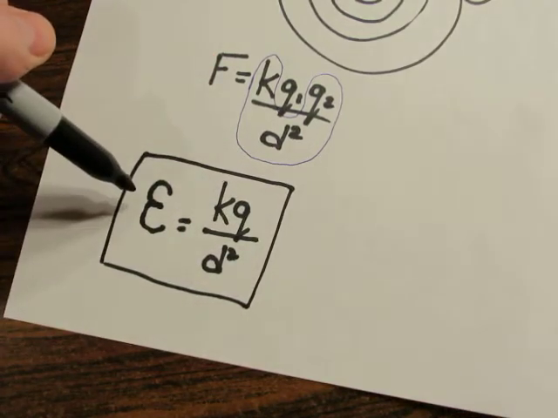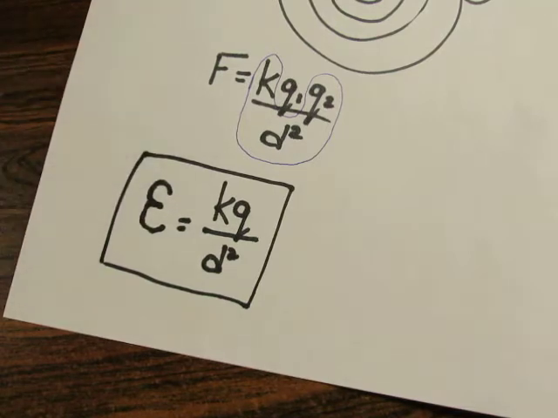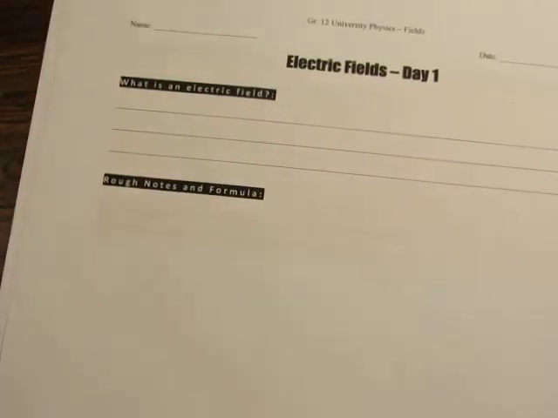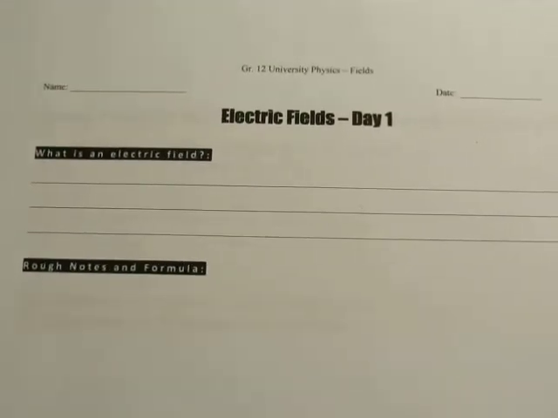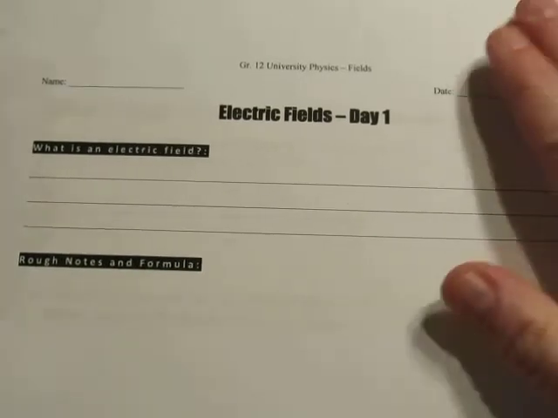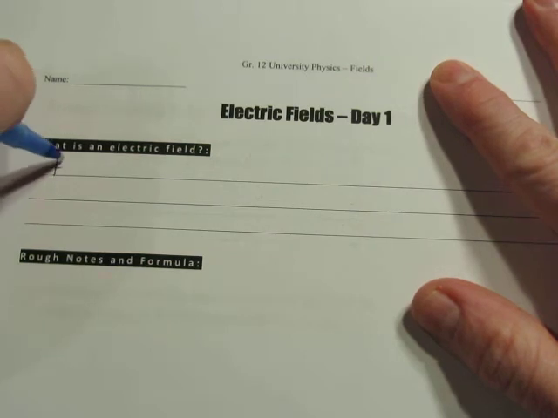And I guess now we'll switch to the sheets and fill them out a little bit more formally and put this more into a proper note. So let's start at the top here. What is electric field? Well, you can write a definition from the book, and that's probably not a bad idea. But an electric field is the, how do you put it into words?